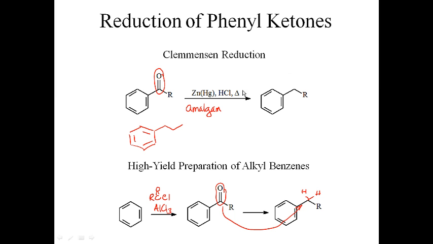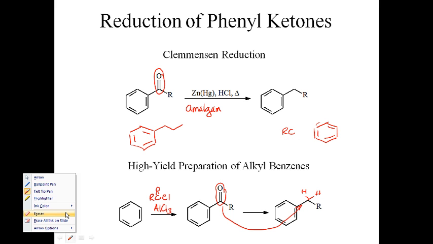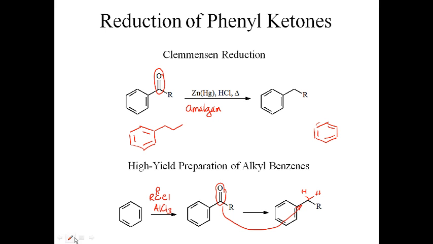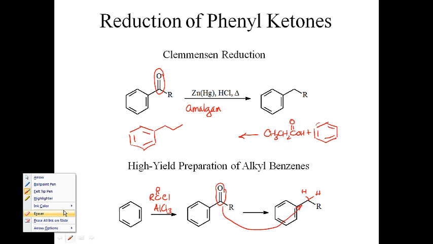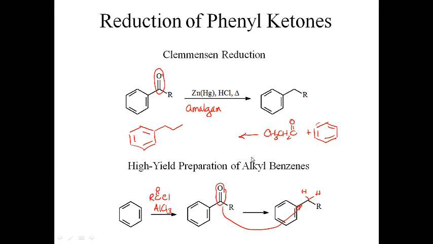So if I wanted to make propylbenzene, I would start with benzene, and I would react this with, not my R group, now I want to be specific, propyl carboxylic acid. I'm going to react not the carboxylic acid, right? I'm going to react the carboxylic acid chloride with benzene and aluminum trichloride.